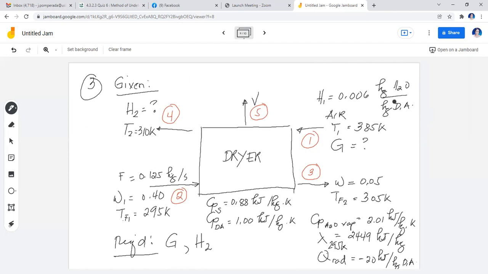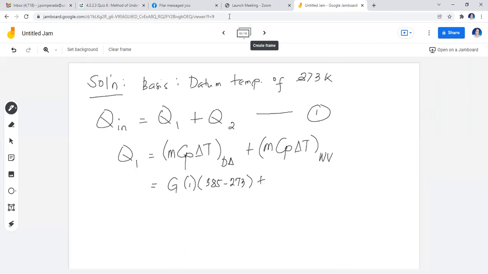That would be, of course, the humidity. You have the humidity, that's water vapor per unit mass of dry air, and you multiply it with dry air. This whole thing is the mass of your water vapor.